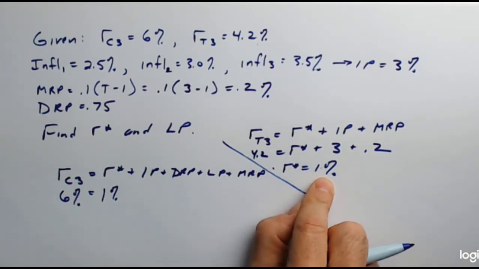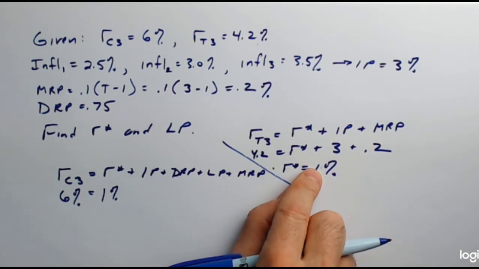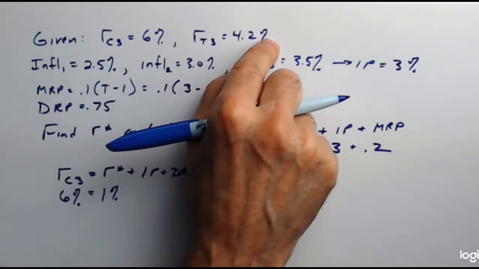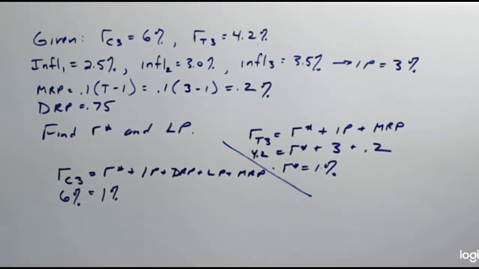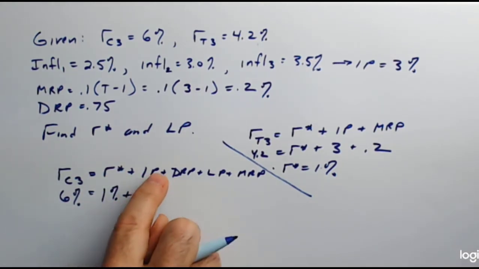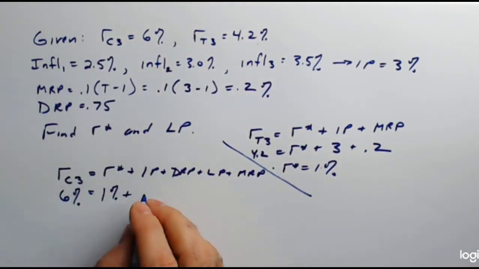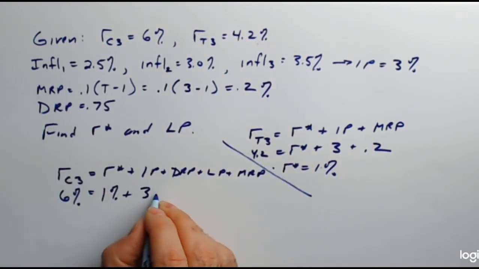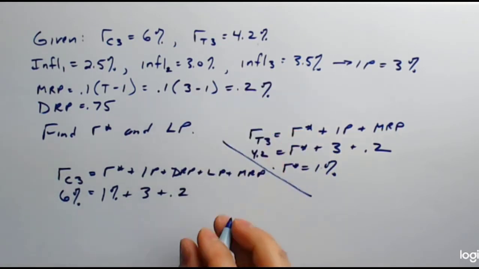Your money can earn 1% somewhere else. So the next best alternative was 1%. And it applies to both bonds. So it applies here, and it's going to apply in this corporate bond. The inflation premium, since it's a 3-year bond on both sides, is going to be the same inflation premium of 3%.